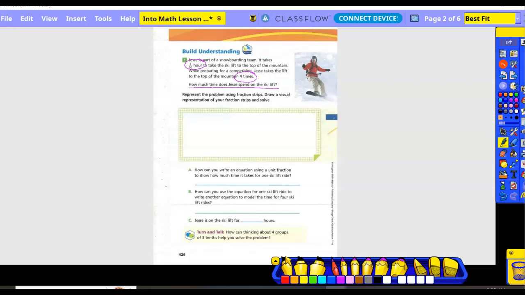So how many times does he go? 4 times. So that's how many boxes I'm going to draw. It's 4 boxes. How many pieces am I going to break each box into? 10, because that's my denominator.